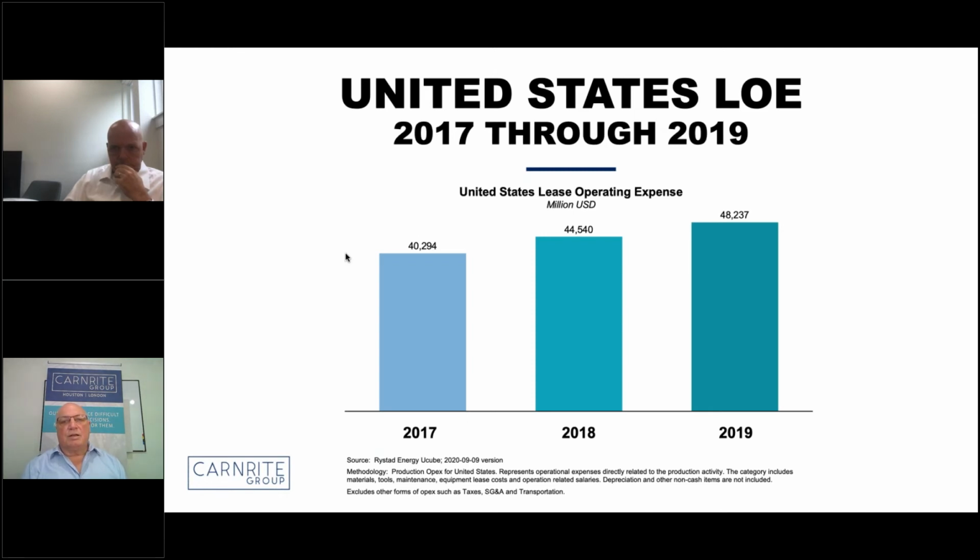Imagine us being able to take out 10 or 15% of that LOE spend. All of a sudden, you've got poor companies becoming good, good companies becoming great, and great companies becoming world beaters.